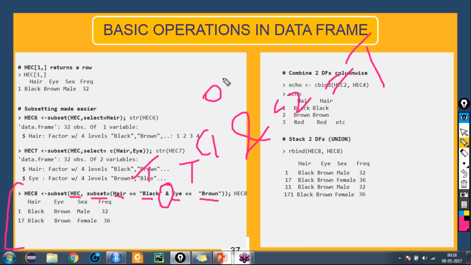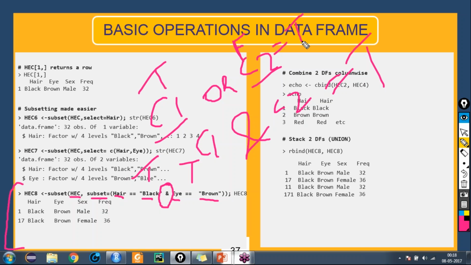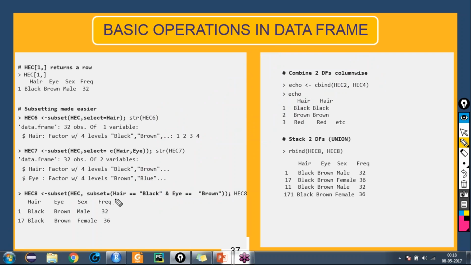Let's say C1 is true and C2 is false, then it will again take it as true, because what the OR statement says is that if any one of the conditions is true, then the result would be true. Fine. So here you got, wherever hair is equal to black and eye is equal to brown, if both conditions get true, store those values. Fine, let's see. So hex 8 gets stored here.